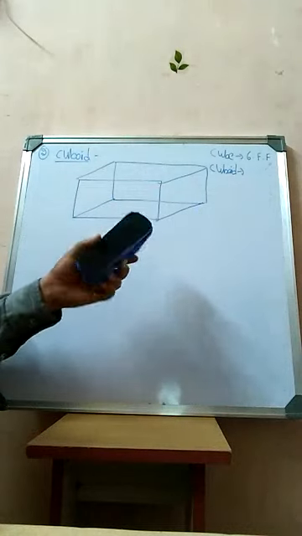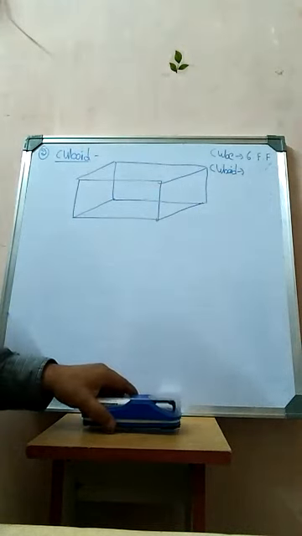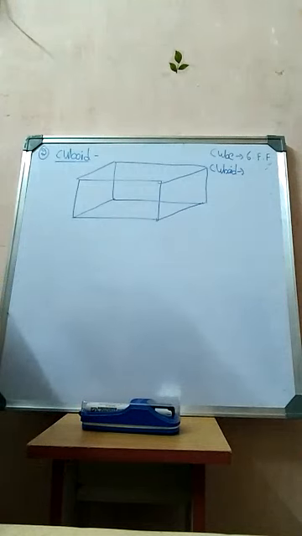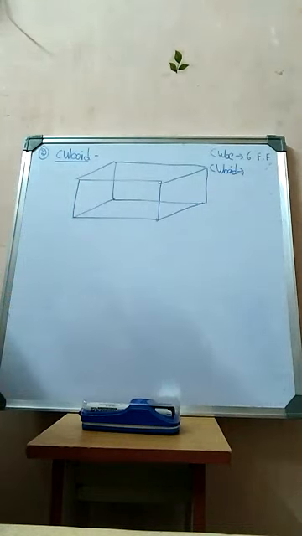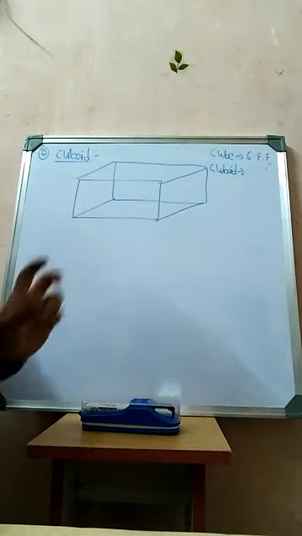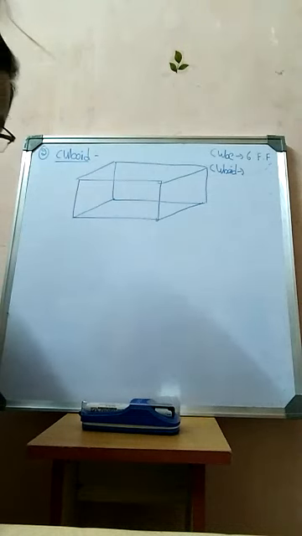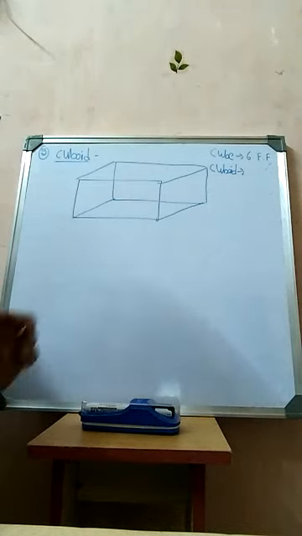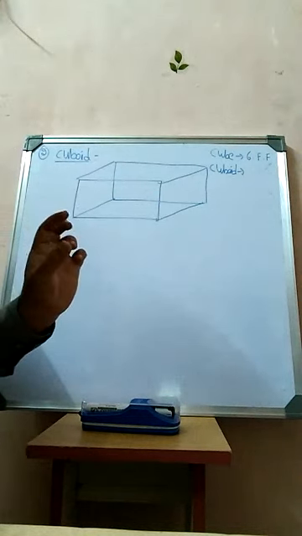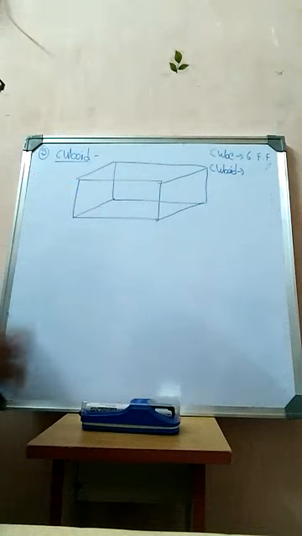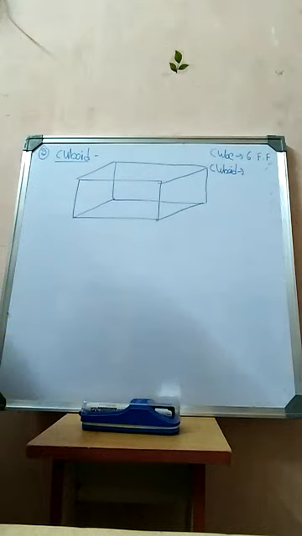Look, this is a cuboid, and you may think of more examples. You may write at least 4 or 5 examples, or many more under cuboid. Your geometry box is also in the cuboid shape, and your toothpaste box. Before you purchase toothpaste in the shop, the toothpaste box is exactly in the shape of a cuboid. So many more examples we can tell.